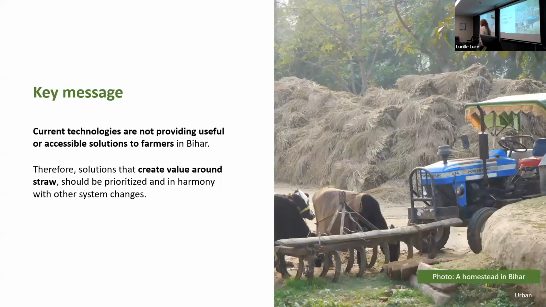So the key message is farmers don't have useful and accessible solutions and alternatives. And the best solution, and where we think there's an opportunity for policy intervention, is creating value around straw, to preserve the quality of straw, and think about how you use the system of changes to inform how straw could be valued.